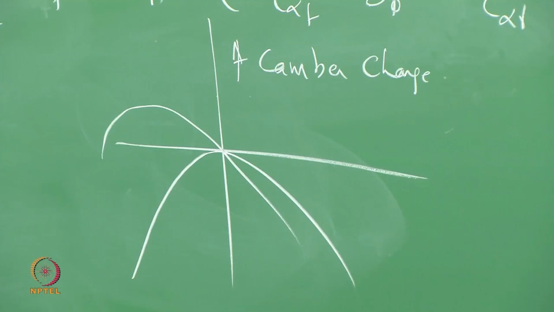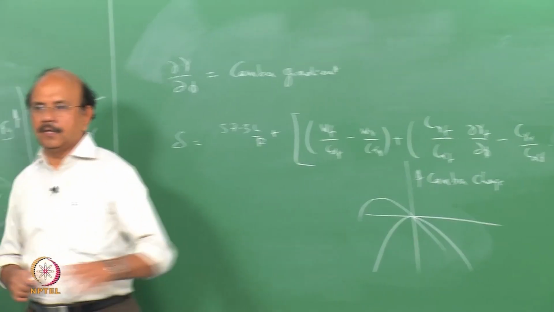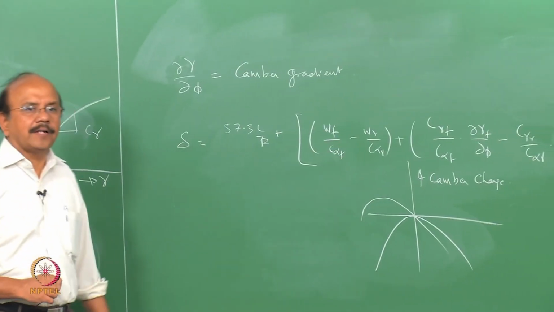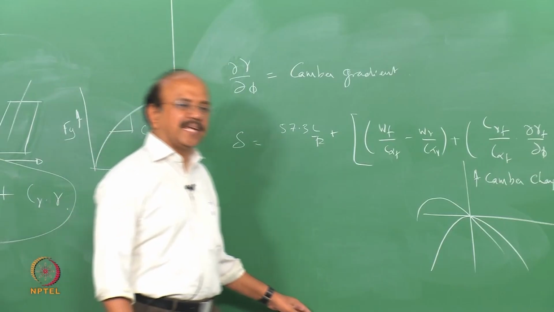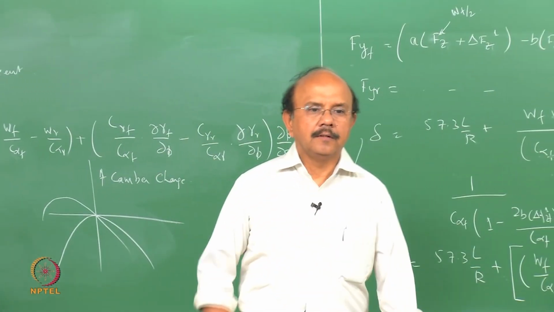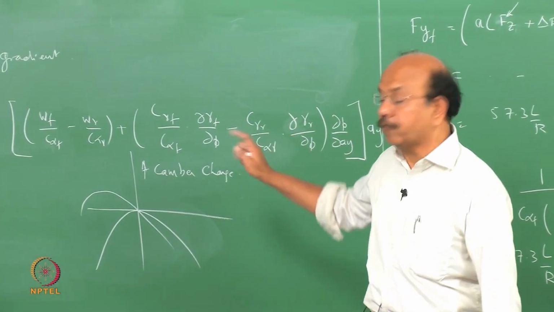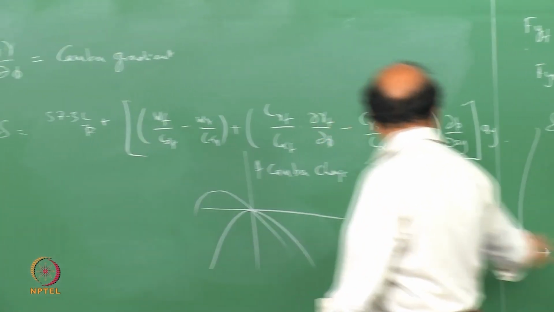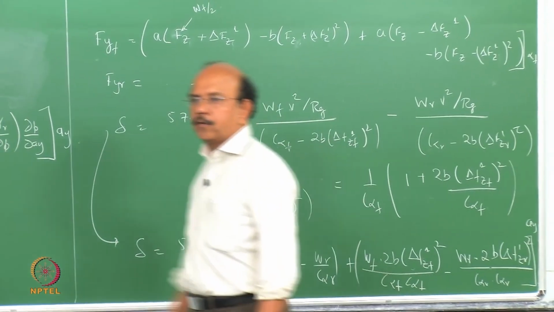So it is not necessarily a very linear graph. Nevertheless, there is an expression, and the camber change becomes an important factor. As we see from many of the measurements that are done, second to roll steer, this becomes important. Of course, this becomes quite important as well.